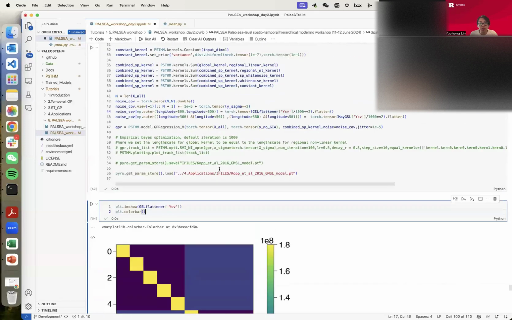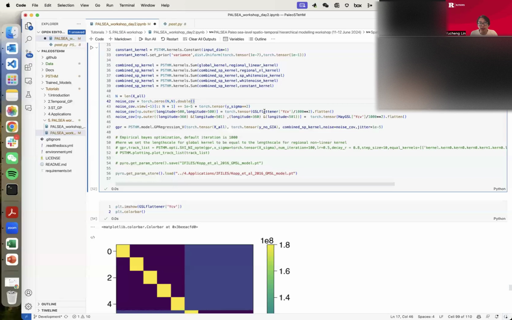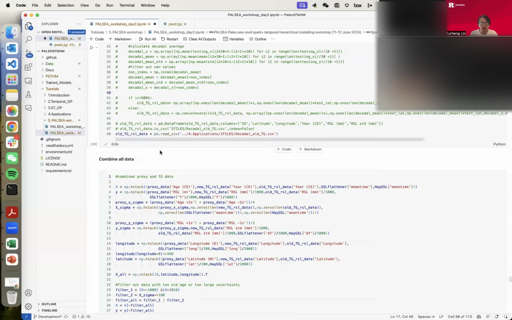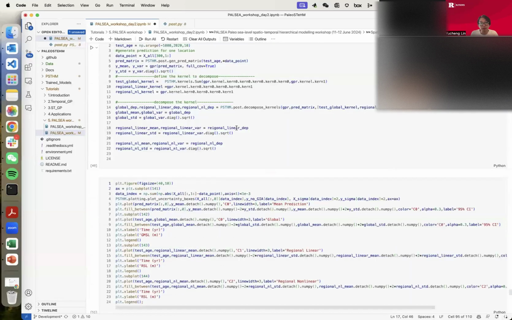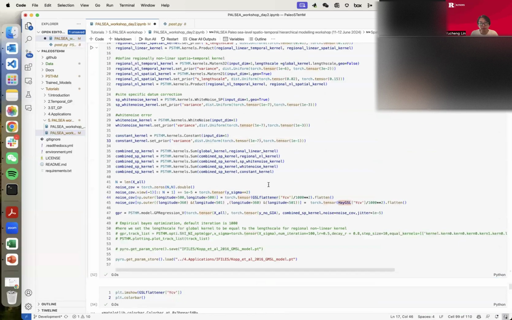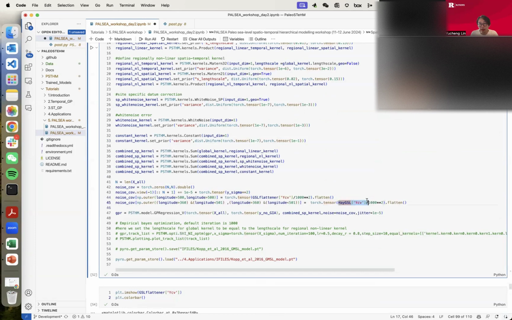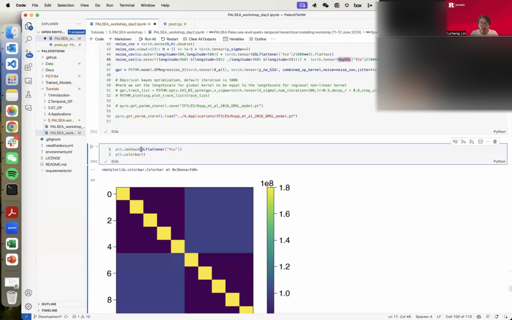Okay. And then I want to show you how the Hay et al. global mean sea level reconstruction is embedded in this model. So this is Hay's model covariance function.